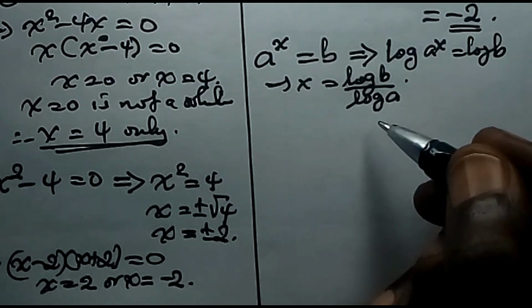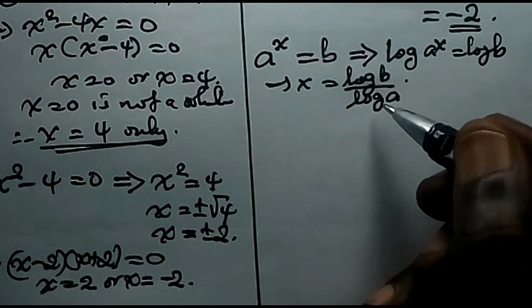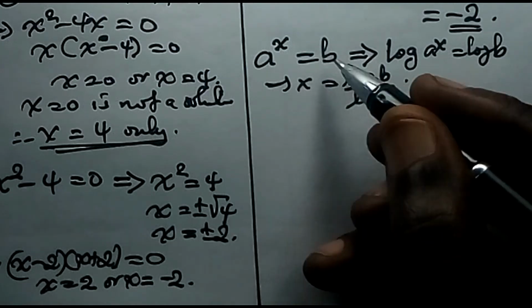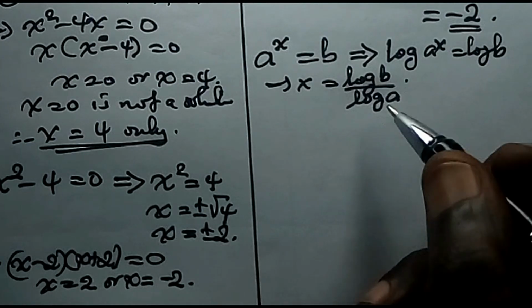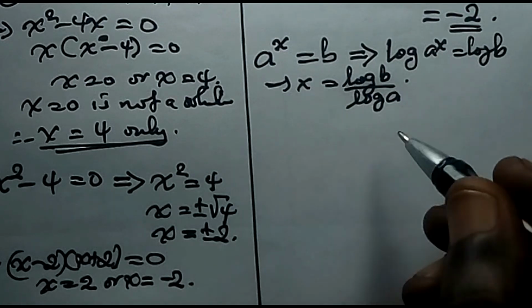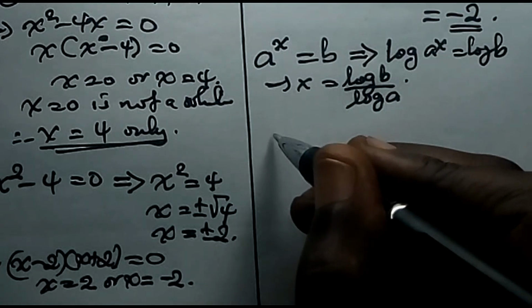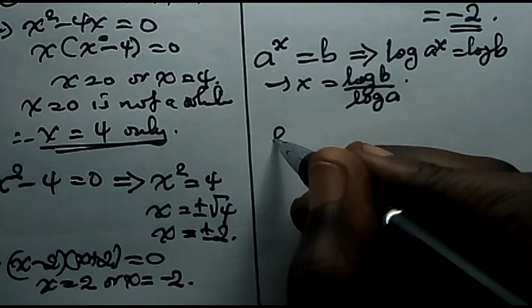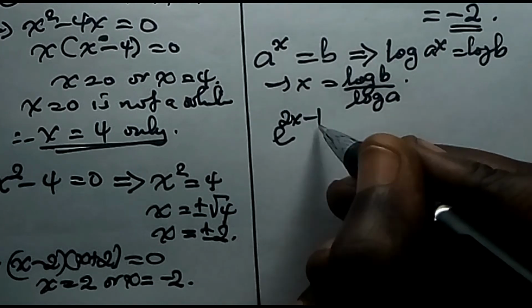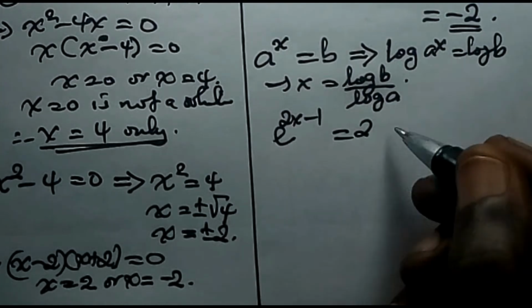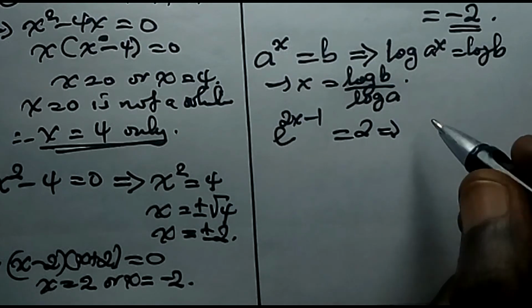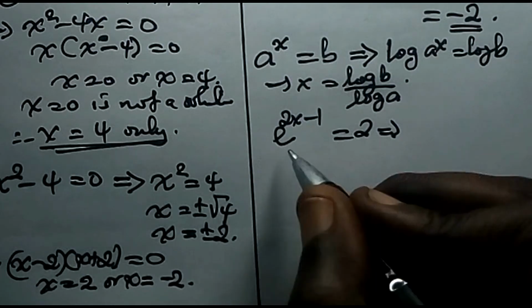Natural logarithm is appropriate in equations of this form, because where e is involved, it is only natural logarithm that will go. So if I had, for instance, e to the 2x minus 1 equals 2 to solve, I will take log to base e of both sides.